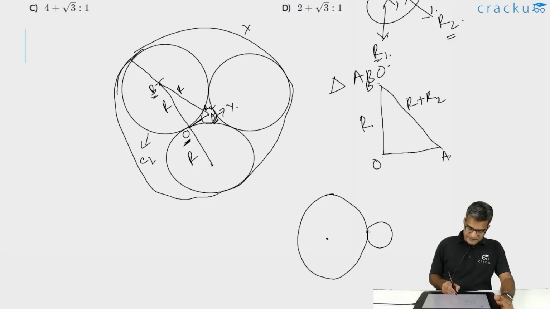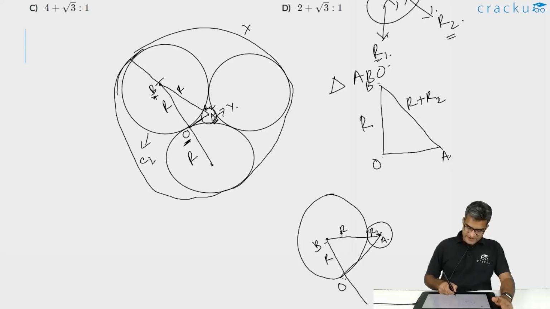This is basically B, which is the center of the bigger circle over here. This is A, which is the center of the smaller circle, and somewhere over here will be O. It will be something like this. This is O. So essentially what we are saying is that the length of BA is equal to capital R, which is the radius of the equal circle, and this is R2 and this is R.